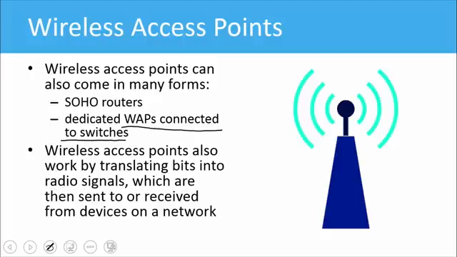They might be hiding in a ceiling somewhere above you right now, depending on where you're watching this video. But wireless access points, they simply do that same thing. They translate bits into radio signals, and then they send or receive it. And they do a good job of receiving them and then translating them into the electrical signals that are required to transmit data to a switch or to a router.